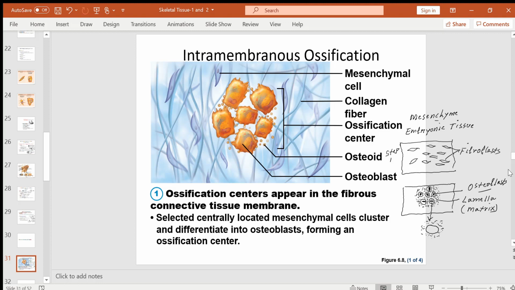So now if this osteoblast shrinks, gets smaller and becomes osteocyte, then a space will be created between the hard matrix and the osteocyte, because the matrix is already hard. So when the osteoblast shrinks, the matrix will not be able to move, right? So a space will be created here around the osteocyte, and that is the lacunae. So you see how the lacunae is formed. So now we can say that osteocyte is within the lacunae.